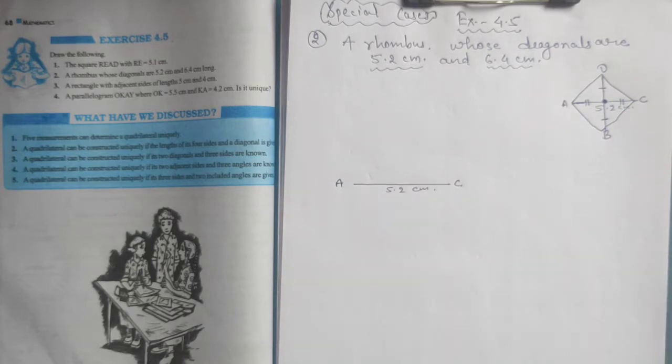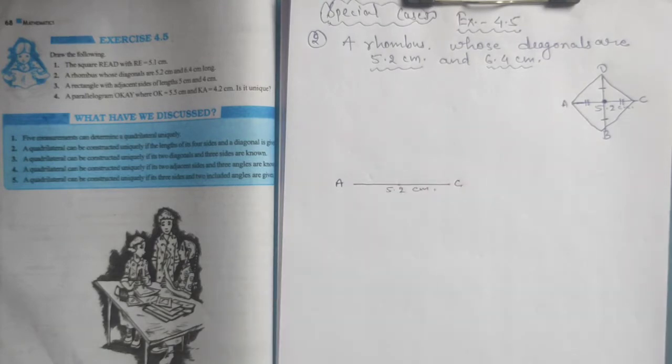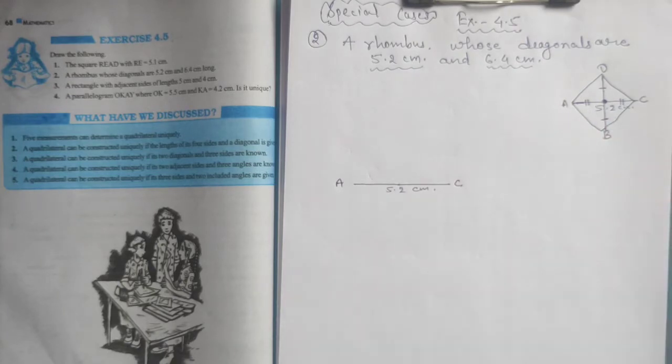Now we have to find its midpoint. So to find the midpoint, we have to draw a perpendicular bisector of this line segment. You all know how to bisect a line perpendicularly; you have solved that kind of question in last classes.